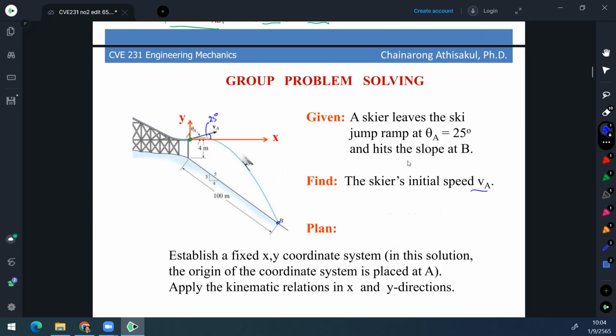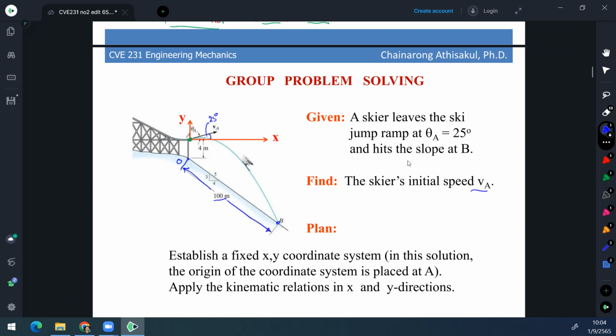From this problem, we already know the distance between point B and this point, which we may define as point O. OB is equal to 100 meter, right?